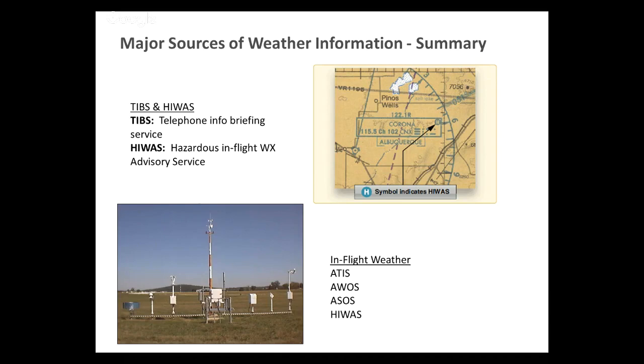You don't have to do some sort of mental math in your head. AWOS gives you wind direction in true headings. So if you're flying in California, where the difference between true and magnetic is like 15 degrees, you have to be really careful. You have to do a little mental math in your head.